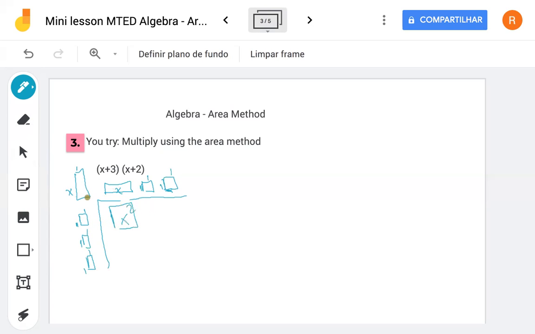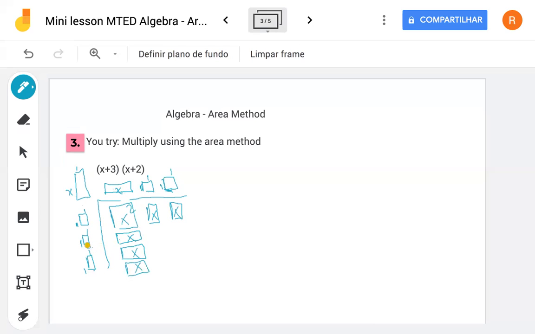So now we have x times 1 will be x. And then x times 1 will be x here as well. Okay, now we have 1 times x will be x. 1 times x, another x here, and another x here.